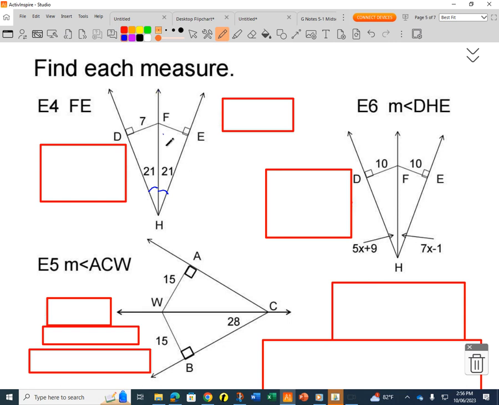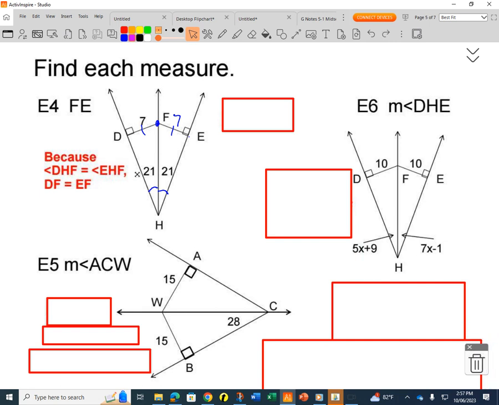So HF is the angle bisector, so that means point F has to be the same distance from this side of the angle perpendicularly as it is from this side. So if these are congruent and this is 7, then this has to be 7 as well.